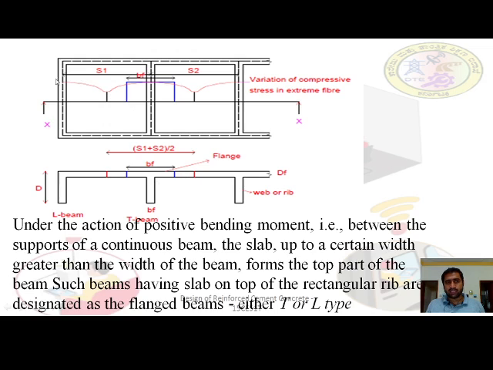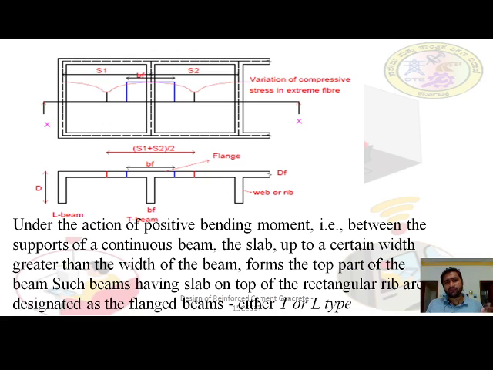S1 is the span of this slab, and S2 is the span of this slab. So S1 plus S2 divided by 2 will be the distance from the midpoint of the left side slab to the midpoint of the right side slab. This distance, S1 plus S2 by 2, is the actual width of the T beam.